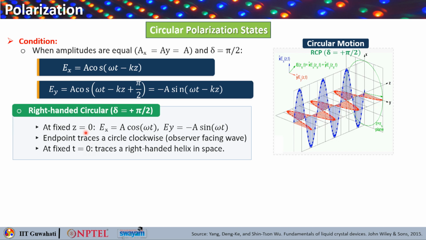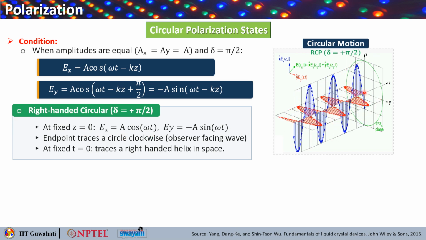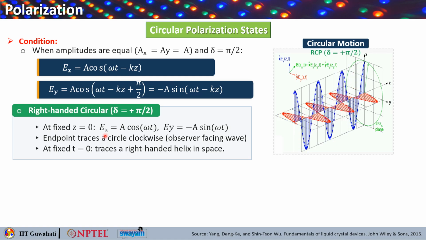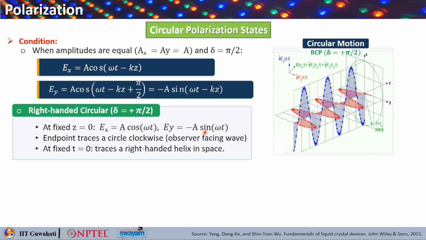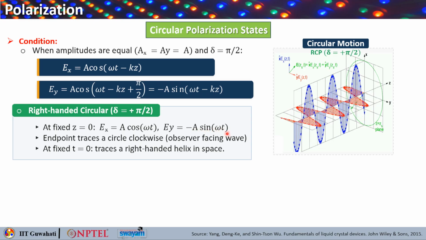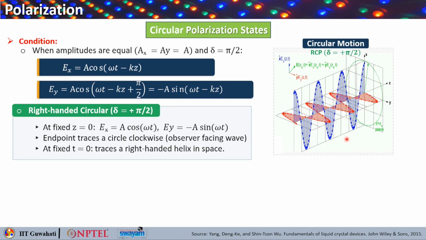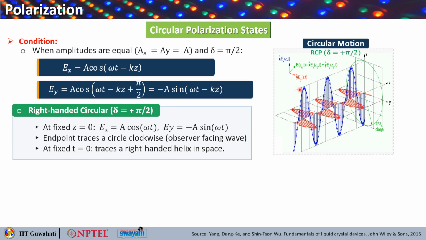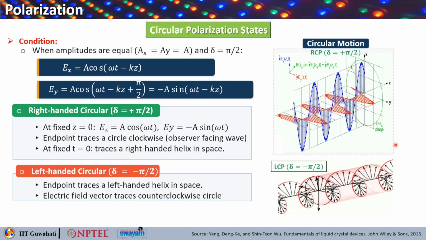You can see this at z equals 0. When you put z equals 0 in these two equations, you get Ex equals A cos omega t, Ey equals minus A sin omega t. And what you see, the electric field vector is tracing a circle, and at any fixed time it is basically a right handed helix in the space.